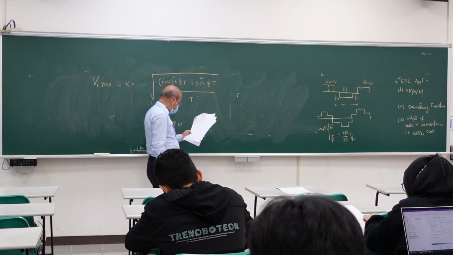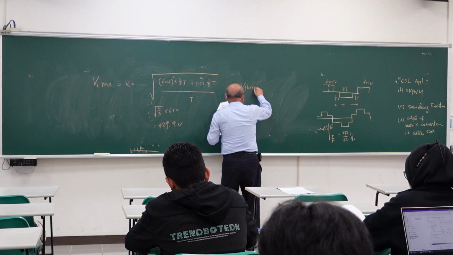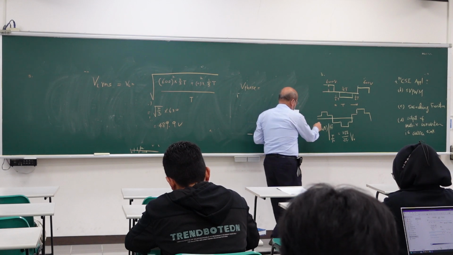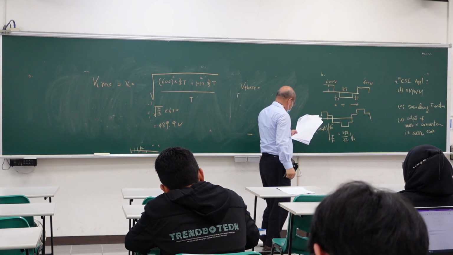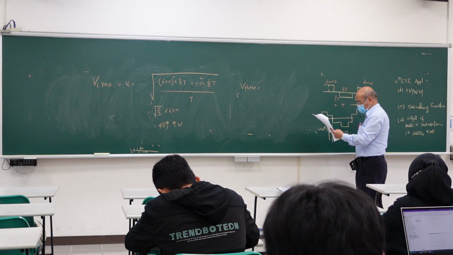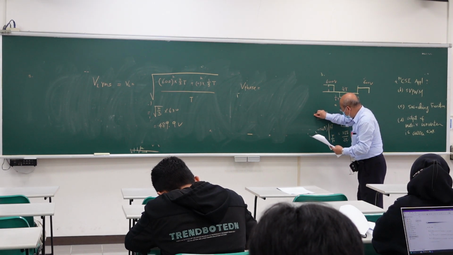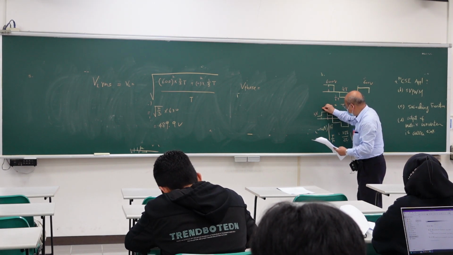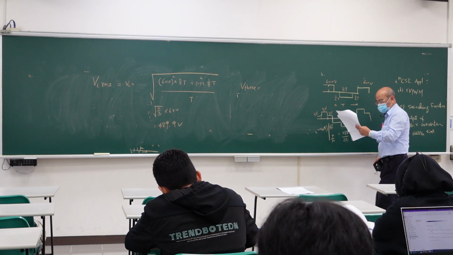And then we can go to the phase voltage. For phase voltage we have 1, 2, 3. So for the first one, this is 2/3. This is 1/3.